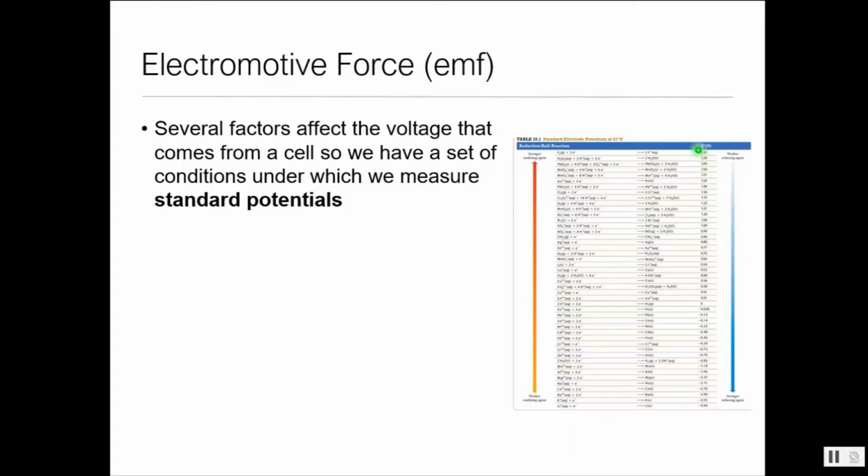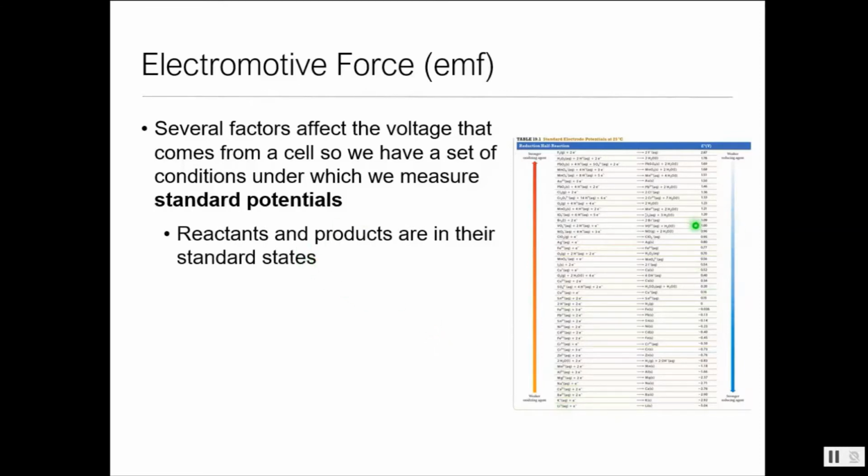So these substances here at the top, they're our strongest oxidizing agents. They have the most positive potential. The substances at the bottom have negative potentials, which means they're very willing to give up their electrons or be oxidized. That means they're going to be very good reducing agents because they're going to cause the substance to be reduced, and they're going to be terrible oxidizing agents.